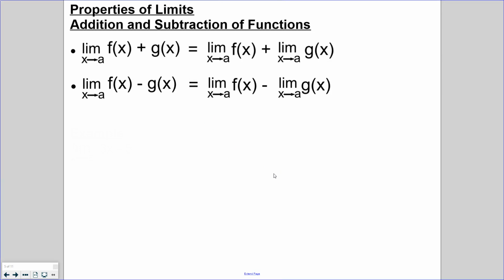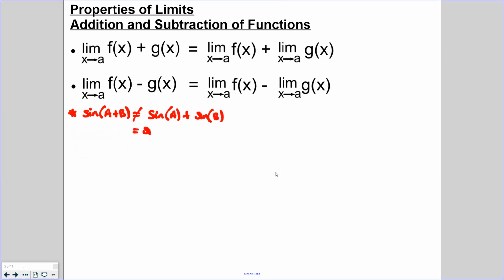Now, while it works here, please do not assume this for all properties moving forward. We can't always just pull something apart and apply it to the individual pieces. For example, if you remember from pre-calculus, sine of a plus b did not equal sine of a plus sine of b.